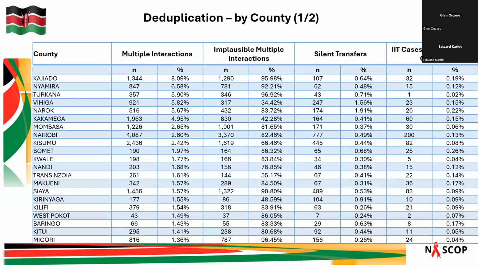On the other hand, Narok and Vihiga are leading with the highest proportion of active clients who are silent transfers. And then we have Bomet having the highest proportion of the IIT cases who pose as new clients in this other facility. Next slide.